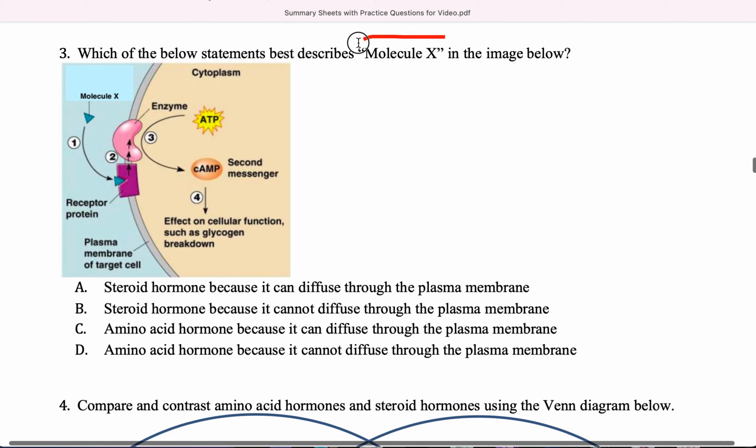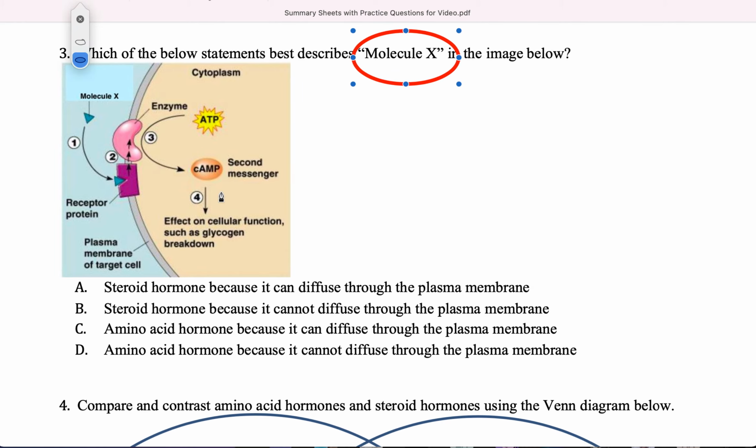Now molecule X, whether it is a steroid hormone or a non-steroid hormone, the easy way to answer the multiple choice question is to follow the elimination rule. I'm writing it here for you. That is called the elimination rule. You can easily follow the elimination rule and answer the question. Okay, which statement? So first of all, look over here.